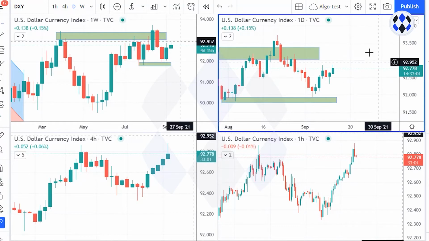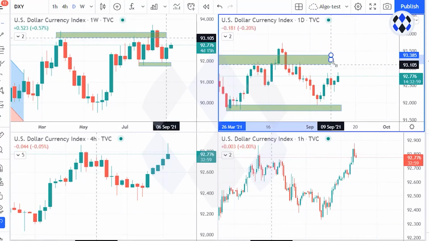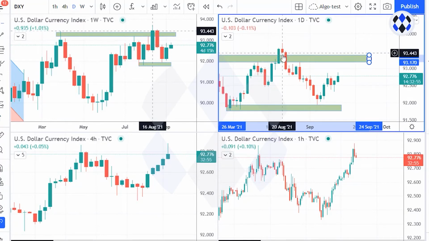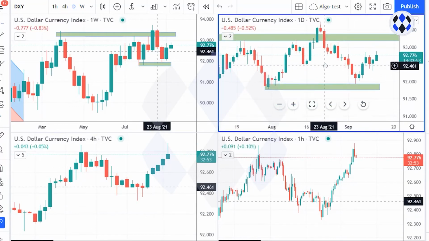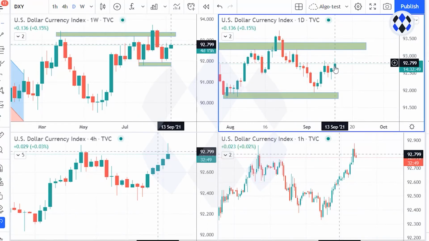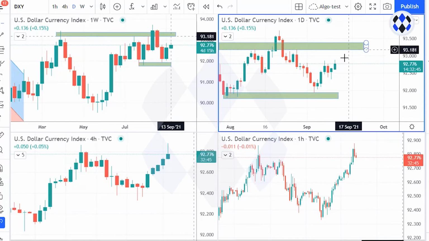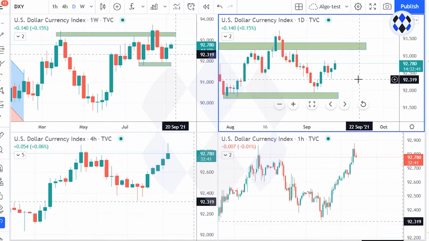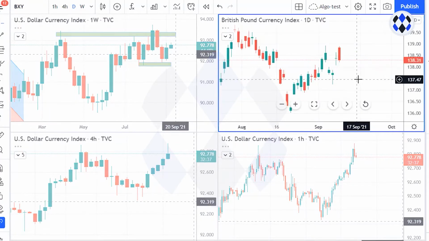And the question is, how far can it go? I have drawn in a couple of areas here. This is the former top that we also met here. And it is very good at respecting earlier tops and bottoms here. So I suspect that the US dollar at least can gain somewhat more here. And it is a good trend, so I would definitely not take a short dollar in any of my pairs.